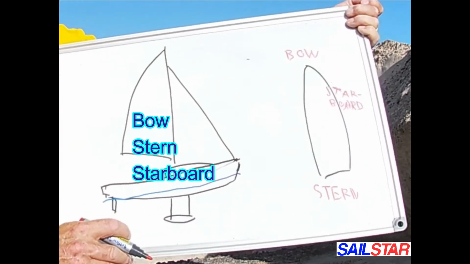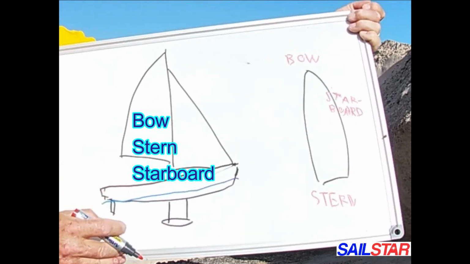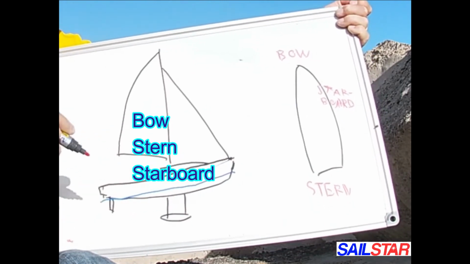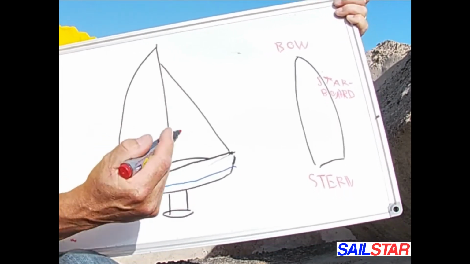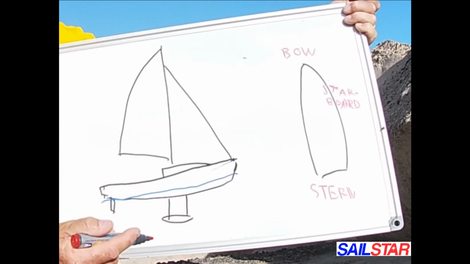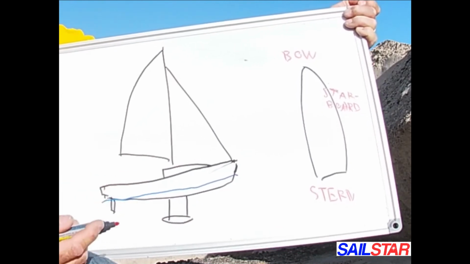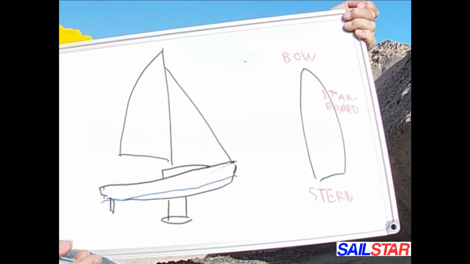Actually, it's from the Scandinavian, where I come from, which in Swedish is styrboard, and styr is to steer. Then someone probably found out, okay, they're saying styrboard for the right side, so in English it became starboard. And steuerboard in German and styrboard in the Scandinavian languages. And why is that?